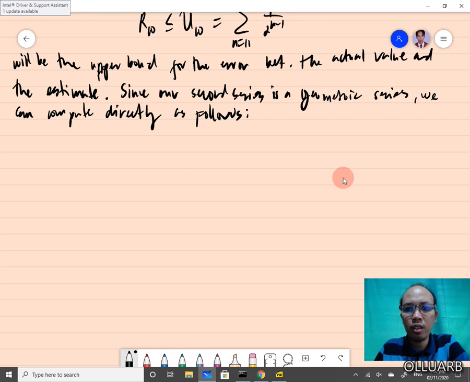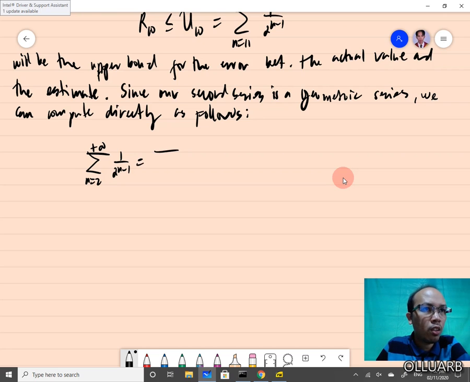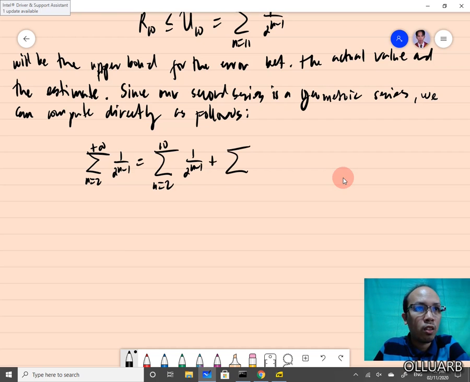Just like before, we have the summation of 1 over 2 to the n minus 1, starting from 2 to positive infinity, and we strip out the terms from 2 to 10, and then until 11 to positive infinity.